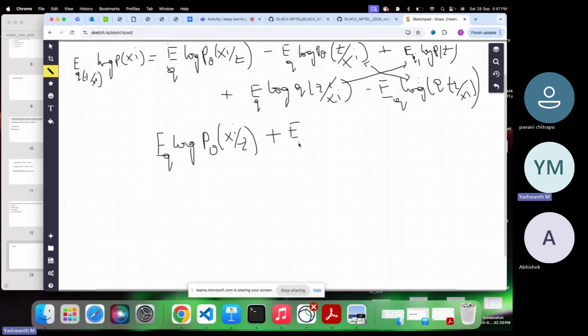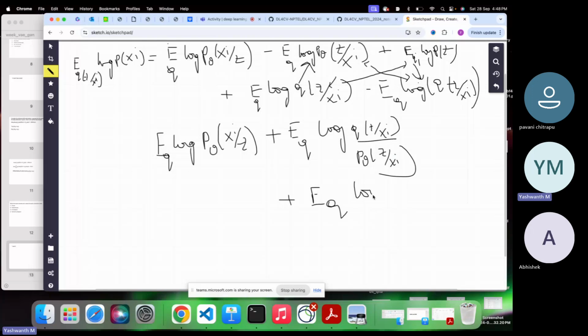Here we are combining these two, giving the expectation of q of log of q of z given x by p theta of z given x, and these two we can combine as well, giving the expectation of q of log of p of z divided by q of z given x.